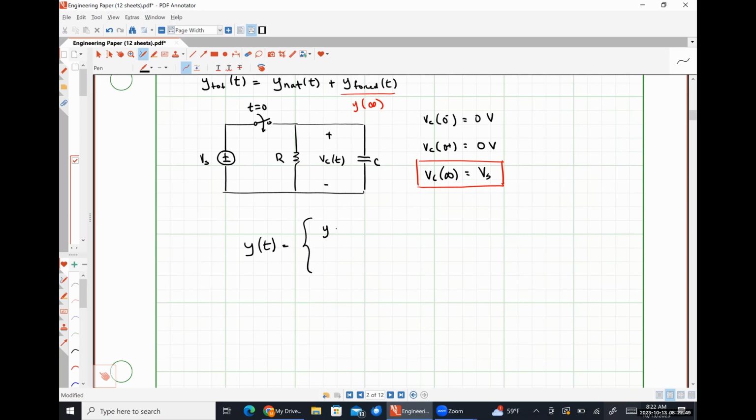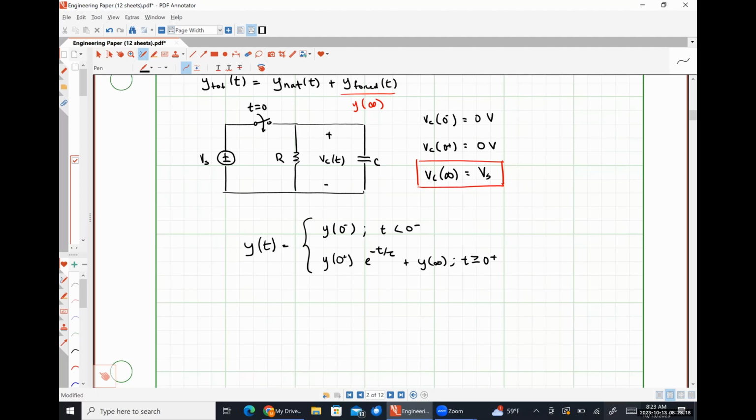We would have y at 0 minus for t less than 0 minus, y at 0 plus, e to the negative t divided by tau, plus y at infinity for t greater than or equal to 0 plus.